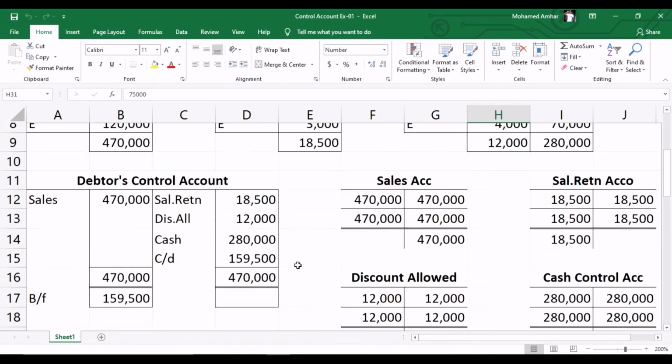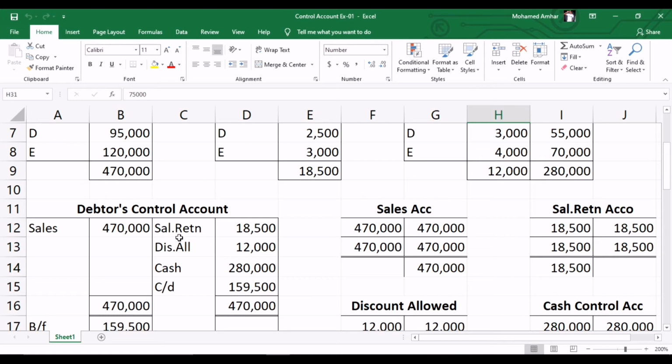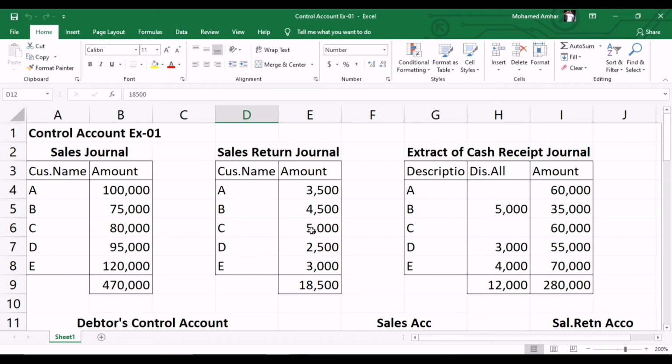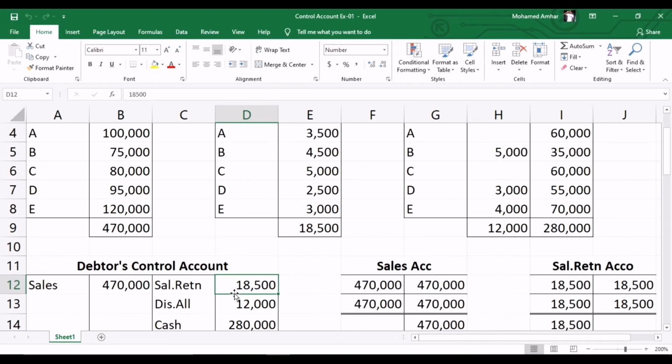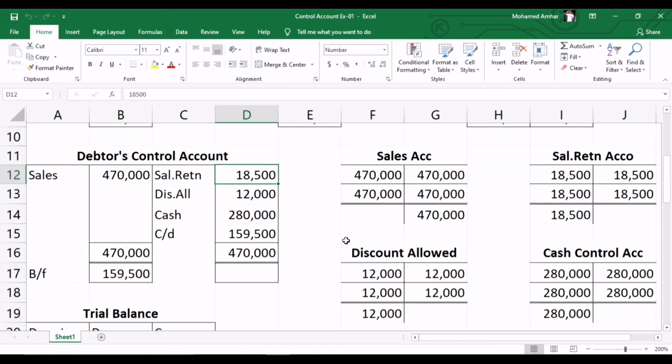Right. Now, sales return is credited to the debtors account in total. In total means this is the individual amount, so we have credited here totally. Now in the individual debtors accounts, you credit this one by one individually.